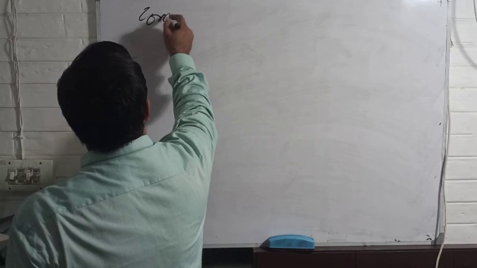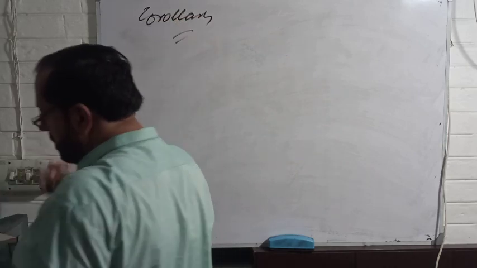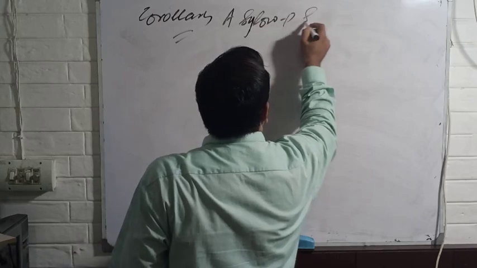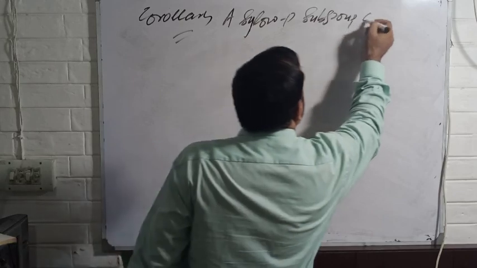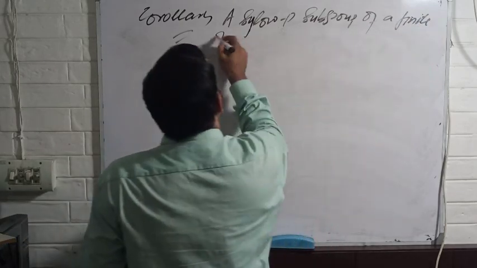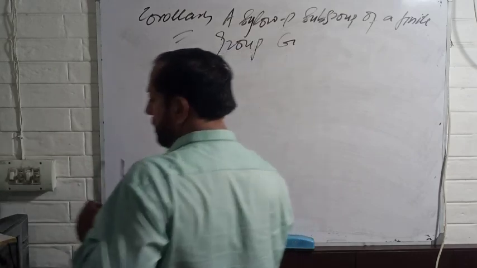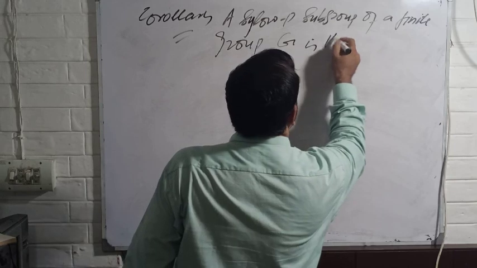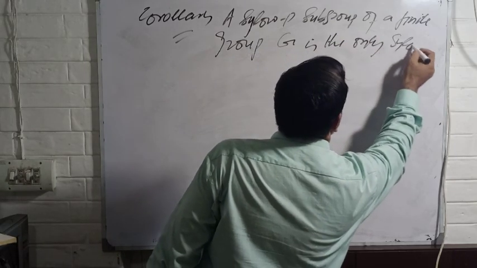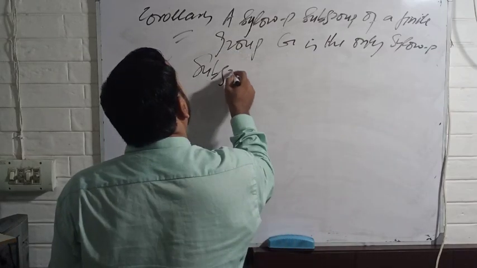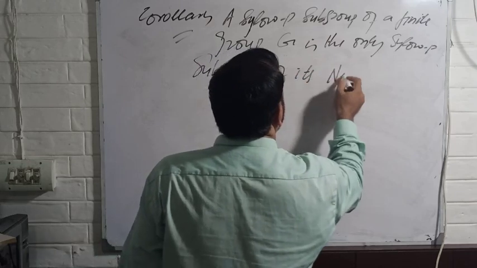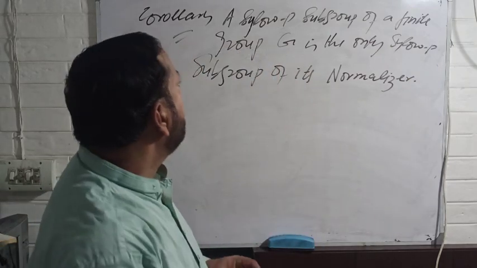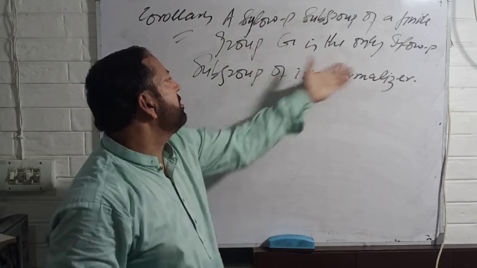Okay, the next corollary is: a Sylow P subgroup of a finite group G is the only Sylow P subgroup of its normalizer.